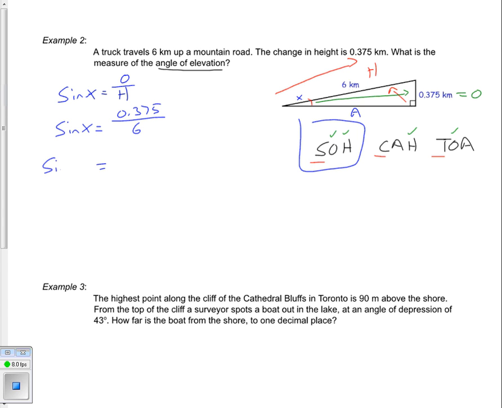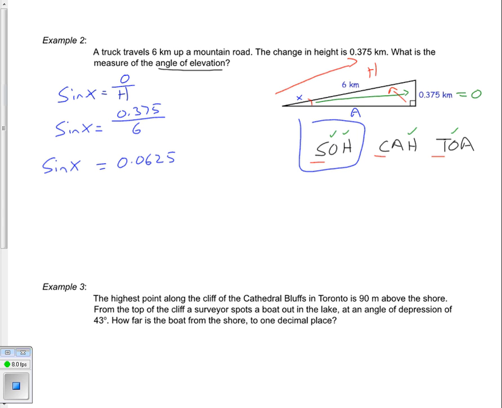I'm going to simplify that fraction, because we can. 0.375 divided by 6 is going to be equal to 0.0625. Okay, and so now we have to figure out what x is.